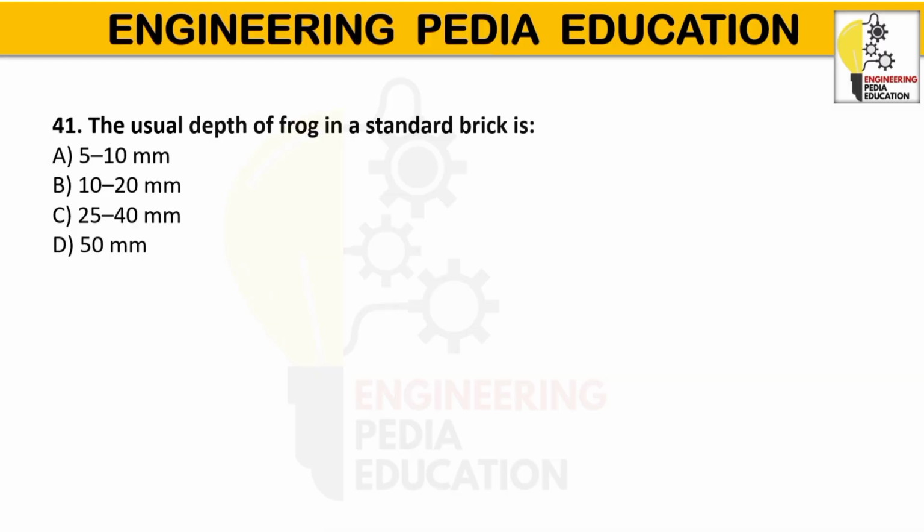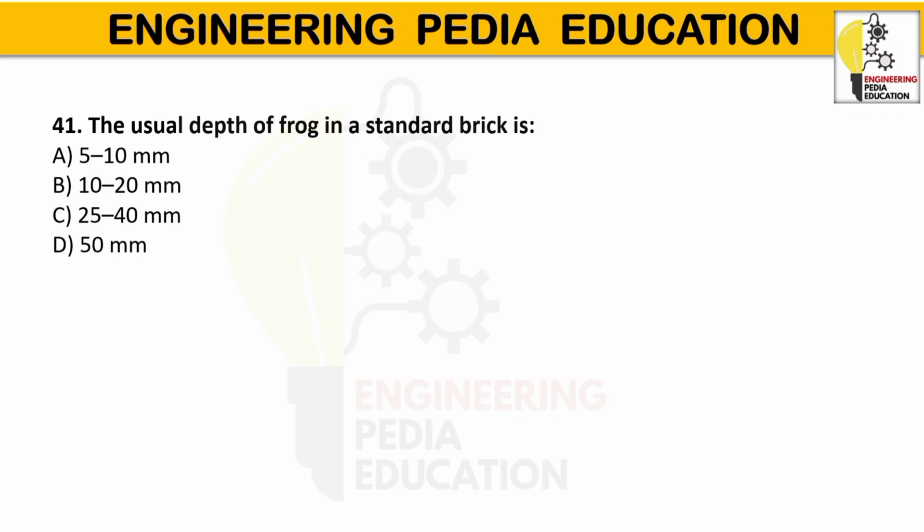The usual depth of frog for a standard brick is 5 to 10 mm, 10 to 20 mm, 25 to 40 mm, or 50 mm. So as we discussed earlier, the depth of this frog is 10 to 20 mm. These help in mortar binding.